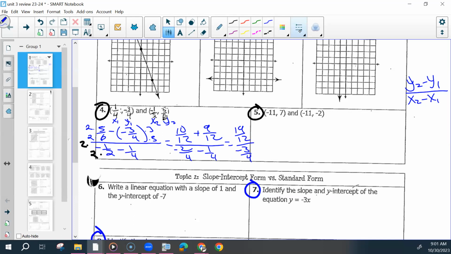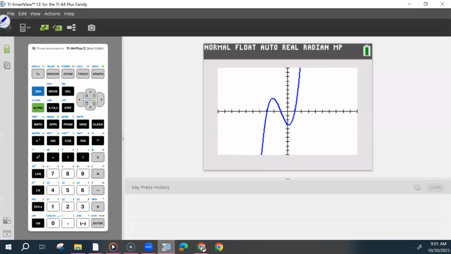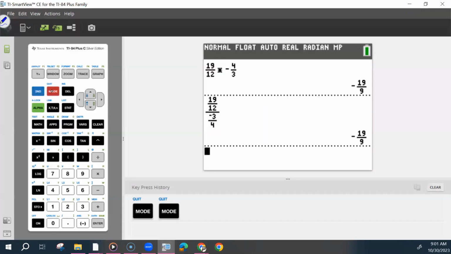All of this work needs to be shown by hand, but this last step can either be done in the calculator or by hand. By hand, you would take the bottom, the denominator fraction, flip it, and multiply the two pieces. You get -19/9.